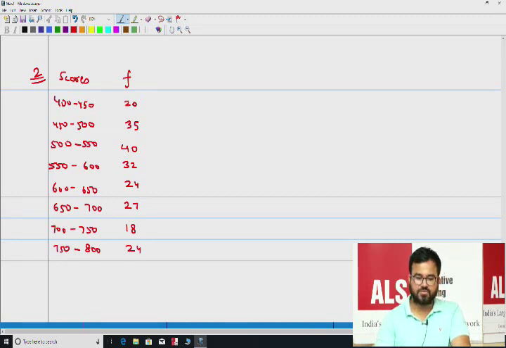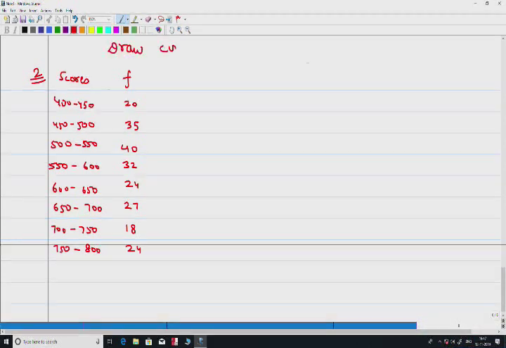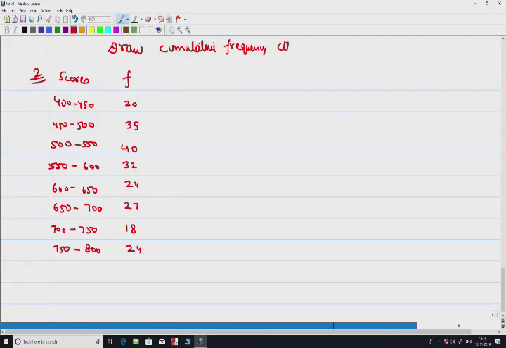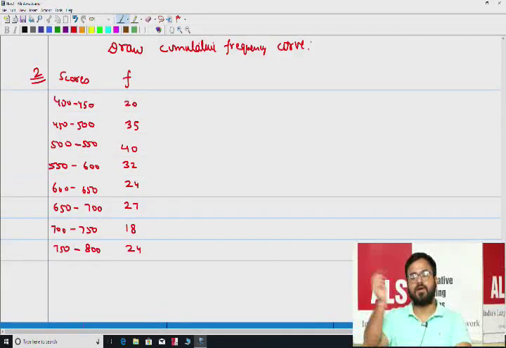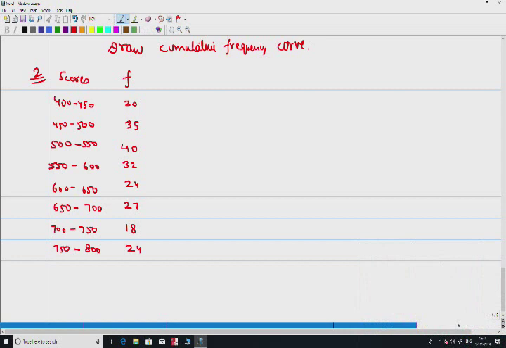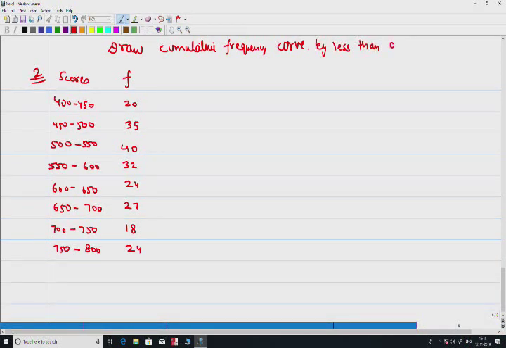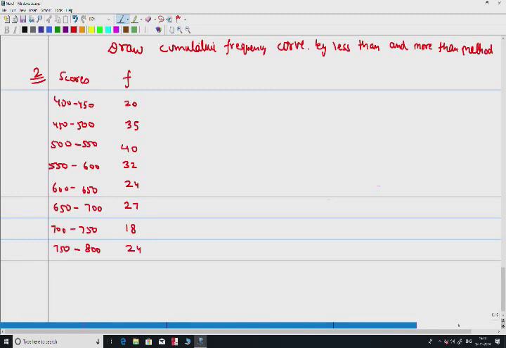Now it is asking us to draw the cumulative frequency curve. It means with the help of freehand we have to draw, by the less than and more than method. We have to draw it by both methods, the less than and the more than.